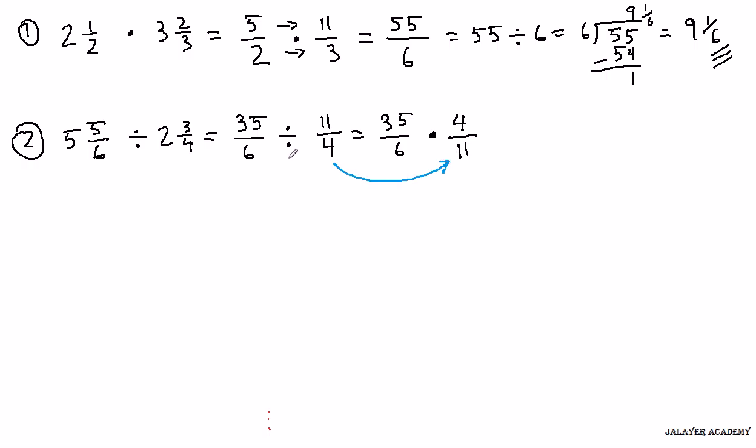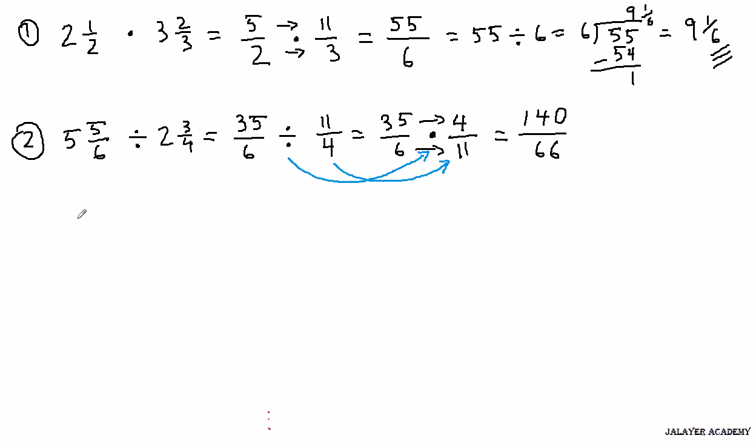We flip this, and this was converted to multiplication. Two things happen in this step. And once you have it at this point, it's just simply multiplying across like we did in the previous example. 35 times 4 is 140, I believe. And 6 times 11 is 66.